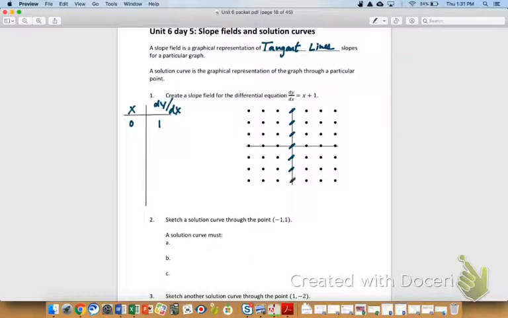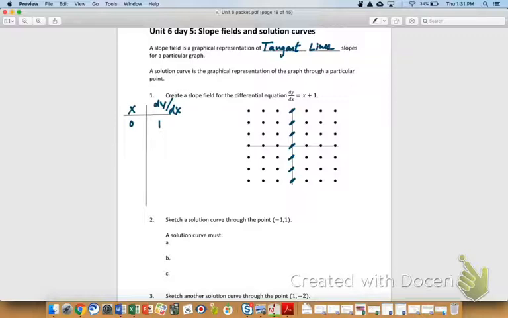I'm trying to connect that with that point, so that I can have my slopes of 1 be fairly precise. Does that make sense? When it comes time to do a quiz over this stuff or a test later on, I'll offer you guys rulers to be able to do something like that.